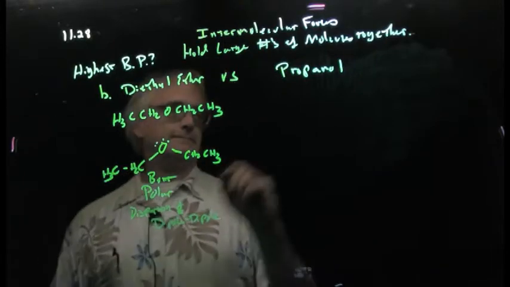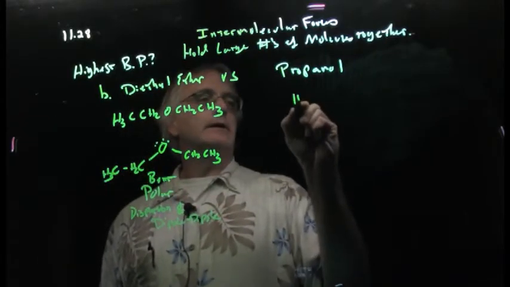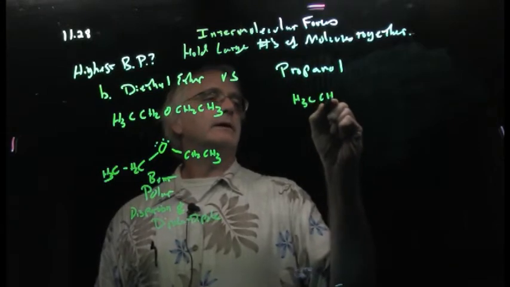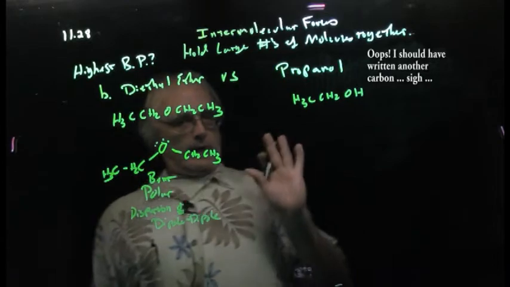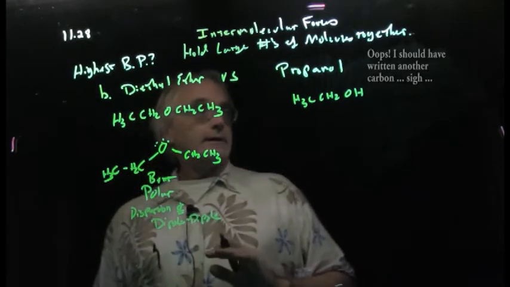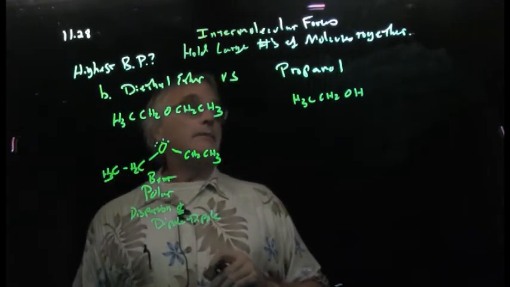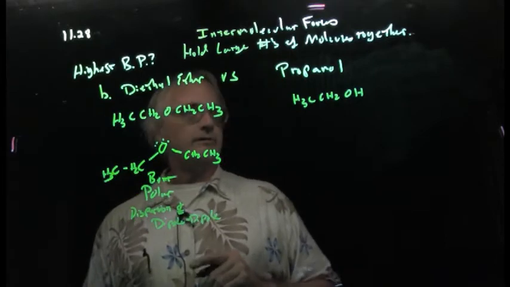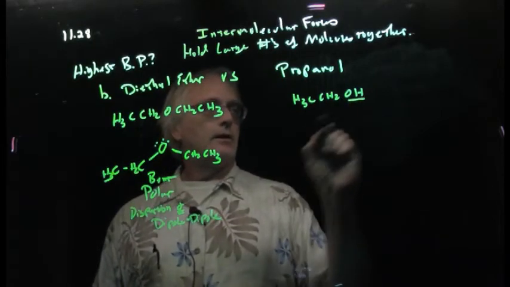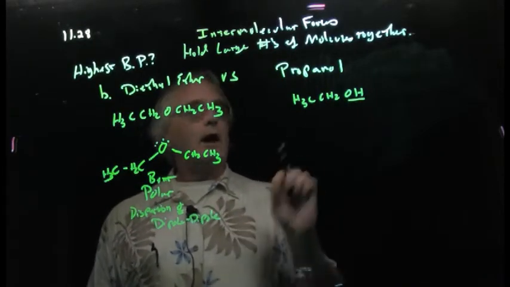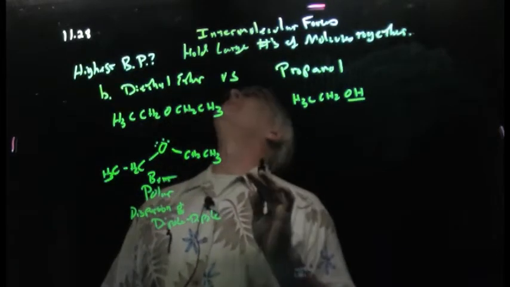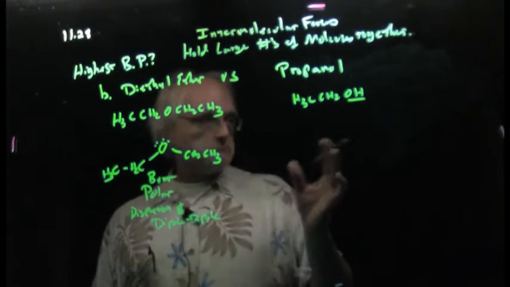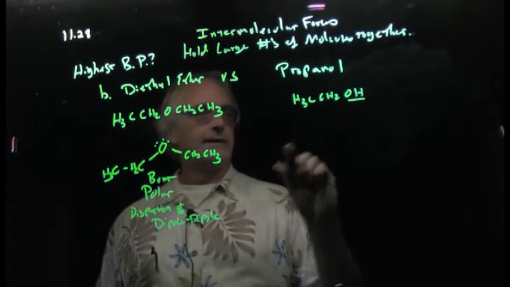And then they give us propanol, and they go CH3, CH2, OH. Now, be in the habit of looking out for these, because it does make life quite a bit easier when you see it. There it is, OH. Ding! When you see that, you should think to yourself, hallelujah, there it is.